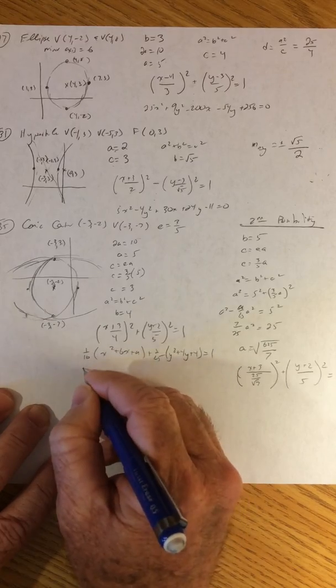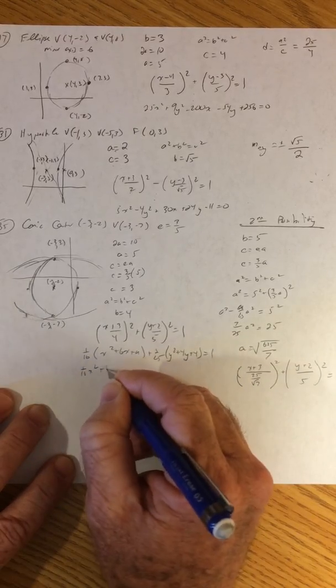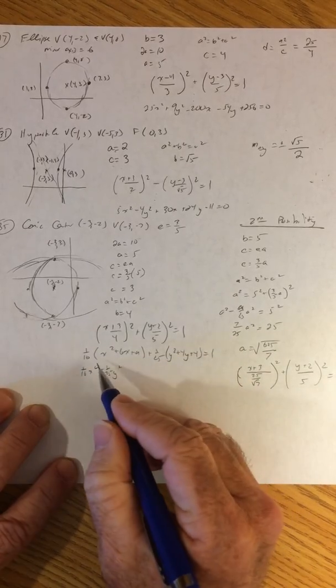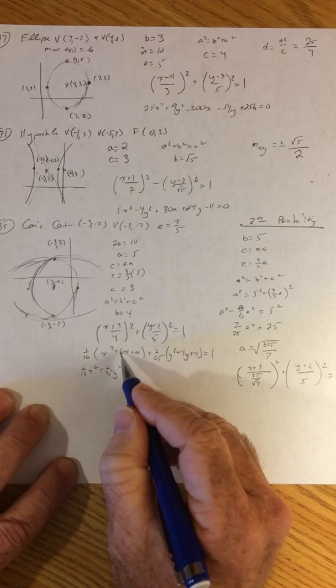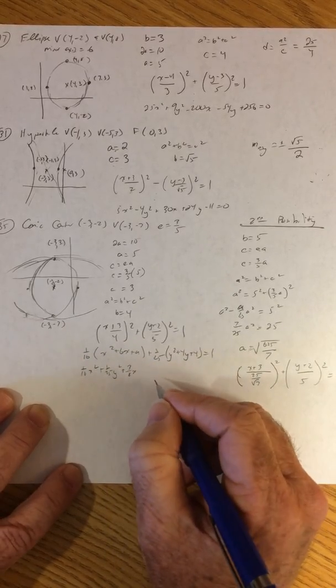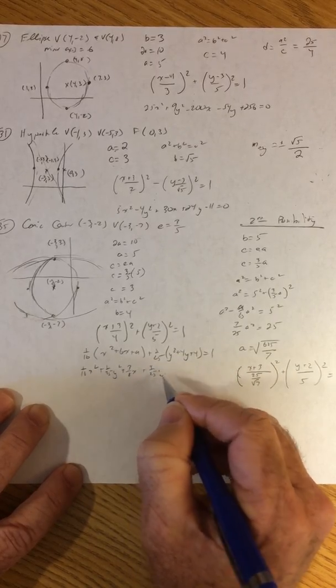Now that's going to give me 1/16 x squared plus 1/25 y squared. Then I'm going to have the x term of 6 over 16x, which reduces to 3/8 x. Then I'm going to have the y term of 4 over 25y.